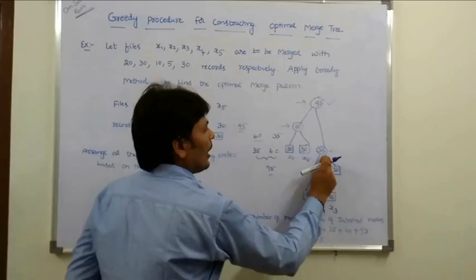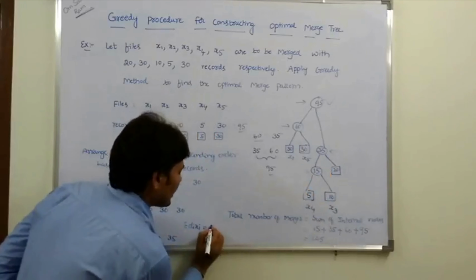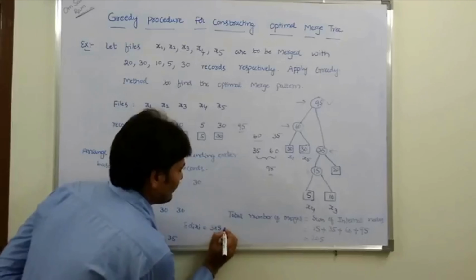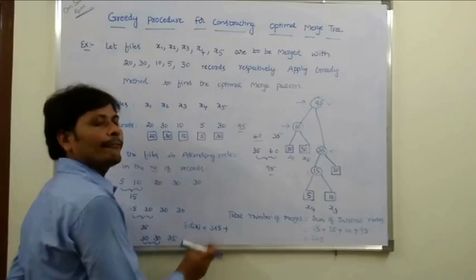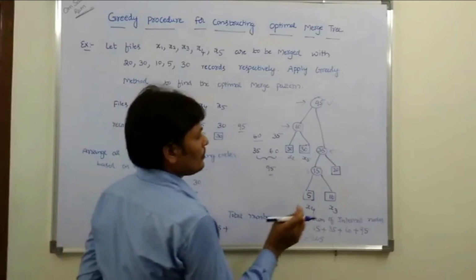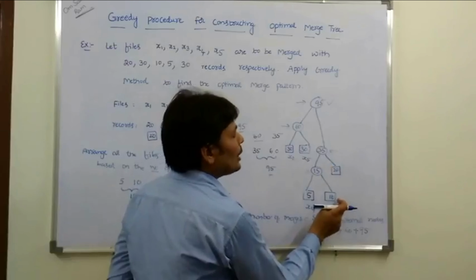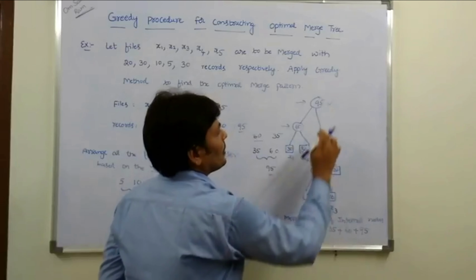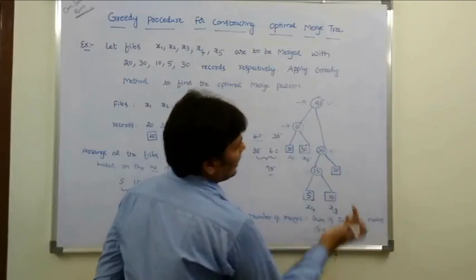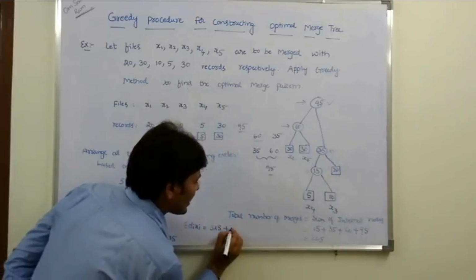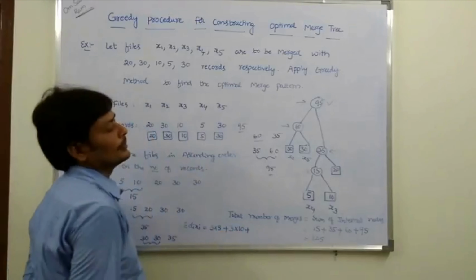The first leaf node is 5. How to reach leaf node 5 from the root node? We count the number of edges traveled from the root to the leaf: first edge, second edge, third edge. So that is 3 into 5; distance is 3 and xi is 5. Next, the second leaf node is 10. To reach 10 from the root node, first edge, second edge, third edge. So distance is 3 and the leaf node value is 10.